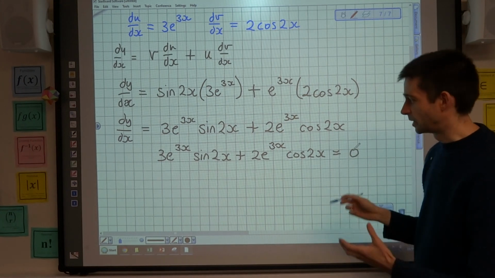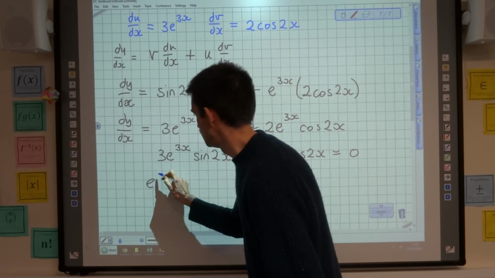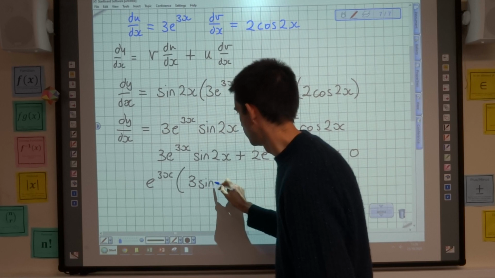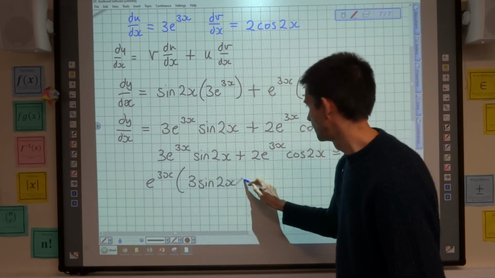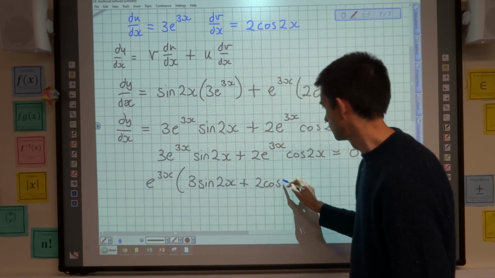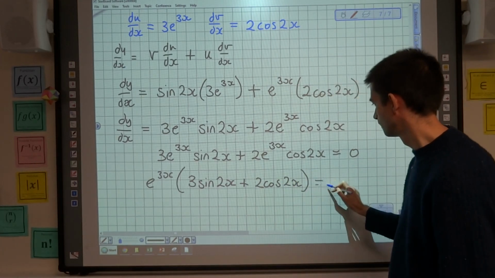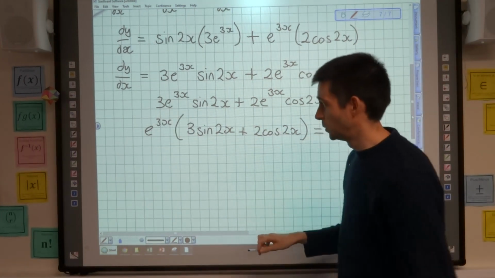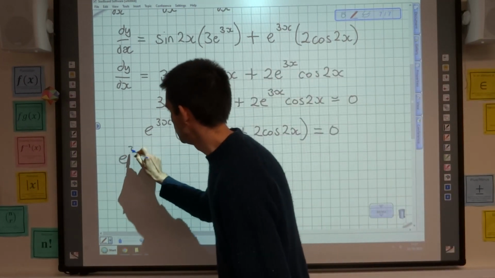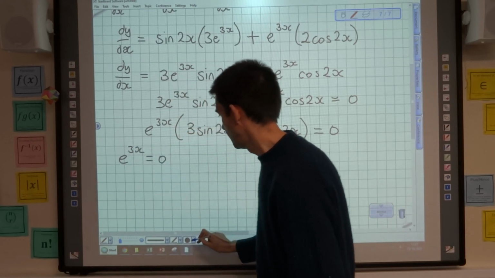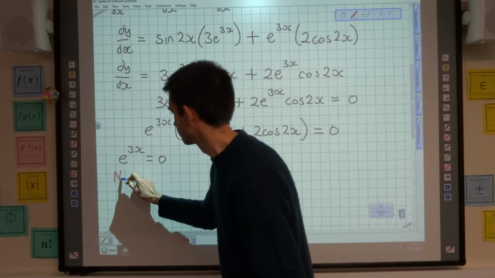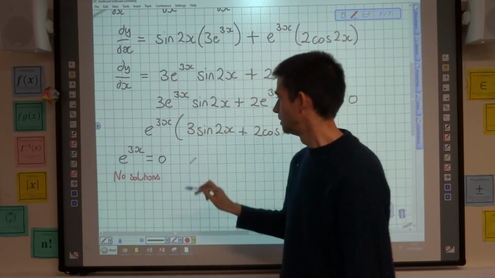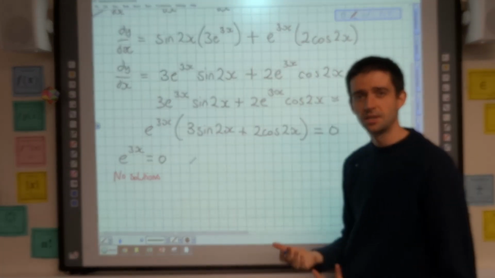So what I'm going to do first, I'm going to factorise the e to the 3x term at the front of the bracket, giving me 3 sine 2x plus 2 cos 2x equals 0. So I have the product of two things equaling 0, but e to the 3x equals 0 has no solutions. There are no values of x for which e to the 3x equals 0.